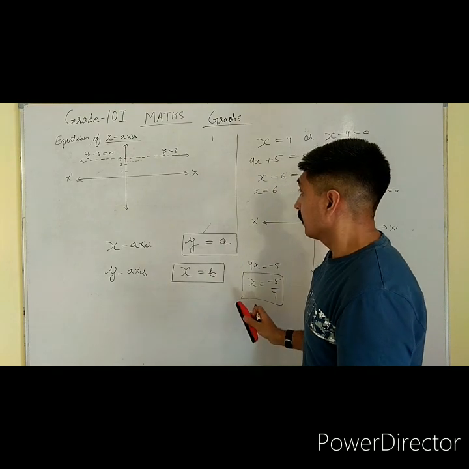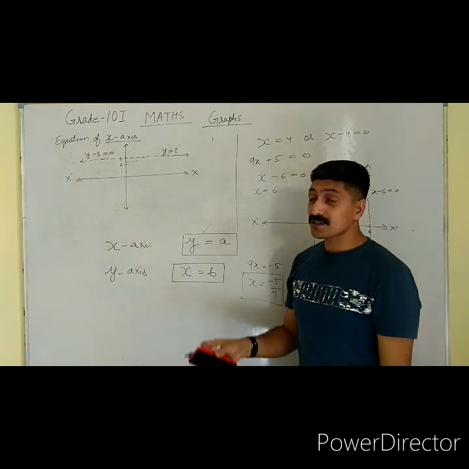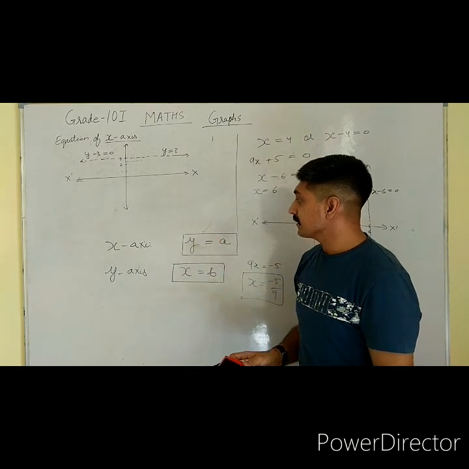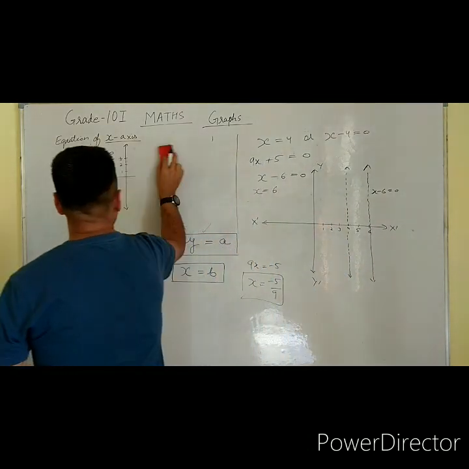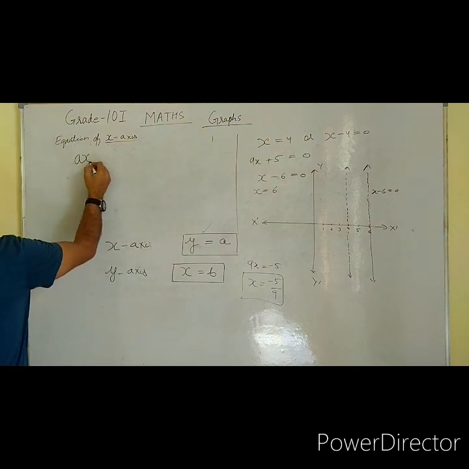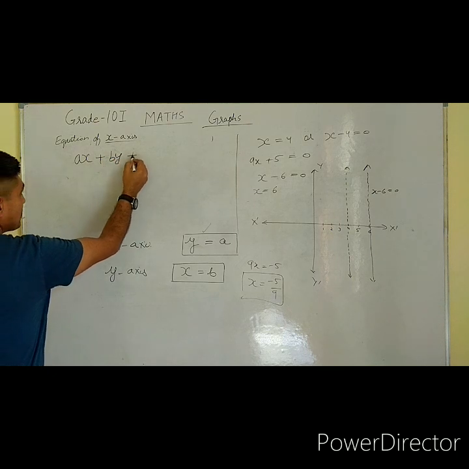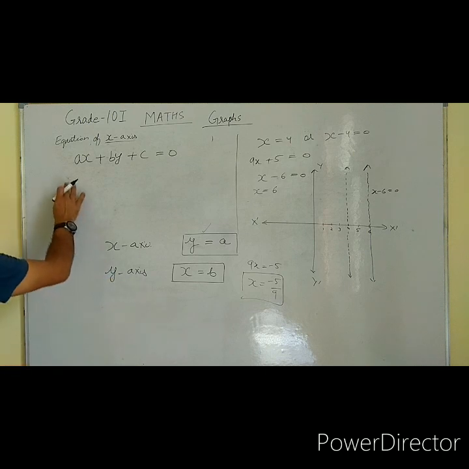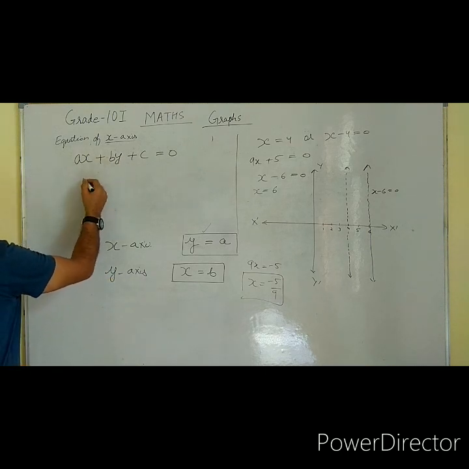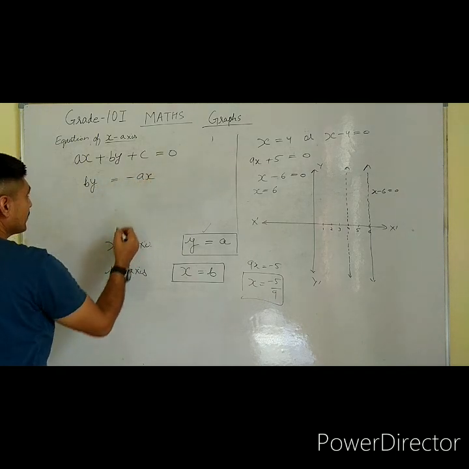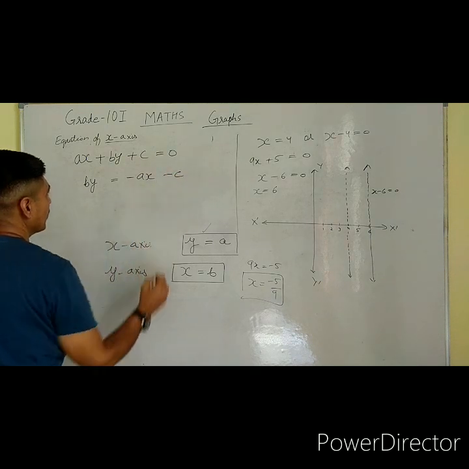Now we have the slope form of a straight line. Let's correlate. I have discussed with you that ax plus by plus c is equal to 0. Now if I take by as the subject, by is equal to minus ax minus c.